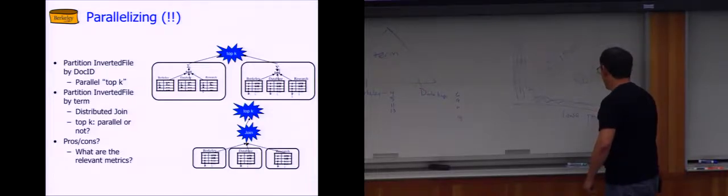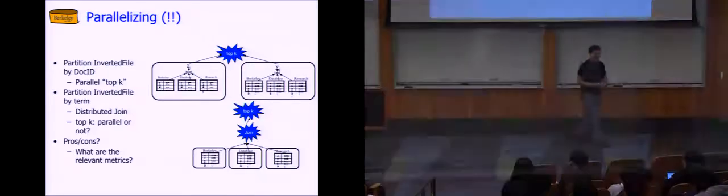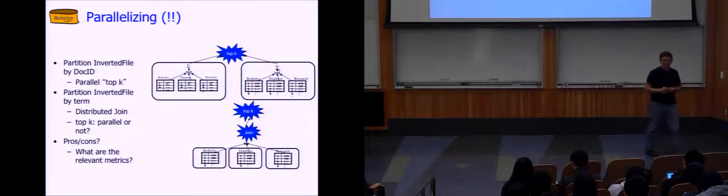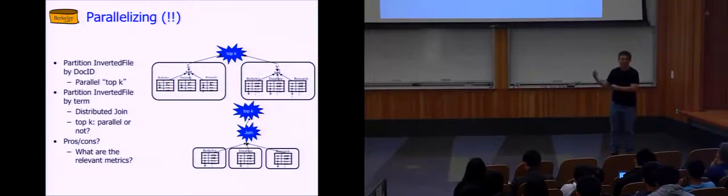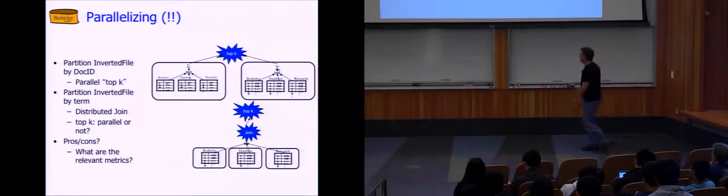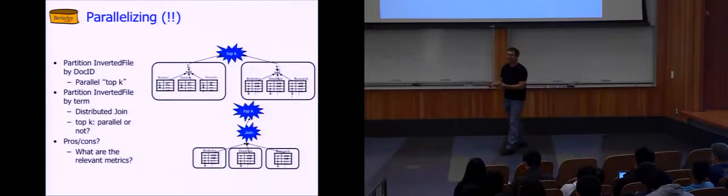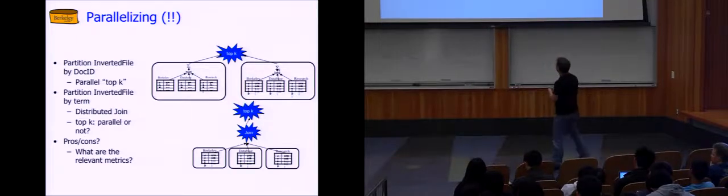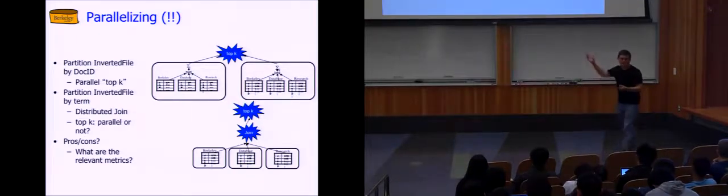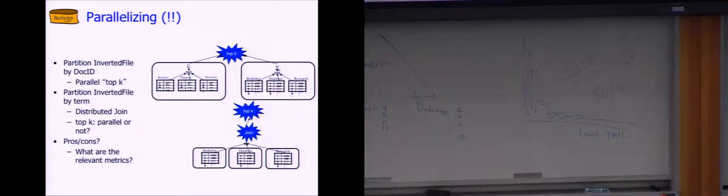All right? This makes load balancing very hard. There aren't that many popular things, and they're way more popular than the unpopular things. So you've got to get a lot of unpopular things to make up for one popular thing, and load balancing becomes very difficult. Okay, so this is one of the key difficulties with partitioning by term: the Zipfian distribution of popularity of terms.